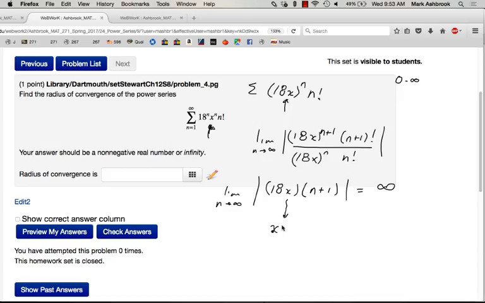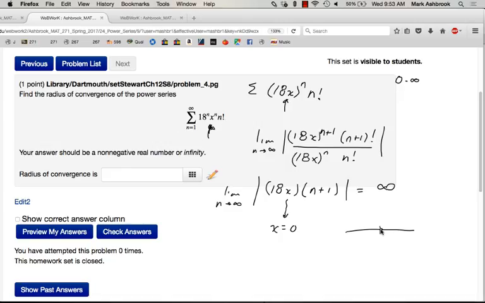If x equals 0, then the limit is 0, no matter how large n gets. But any other non-zero value of x, n will get really, really big, and then that whole expression will get really, really big. So we have the trivial case where if x equals 0, every term of the sequence is 0, and so that's convergent to 0.